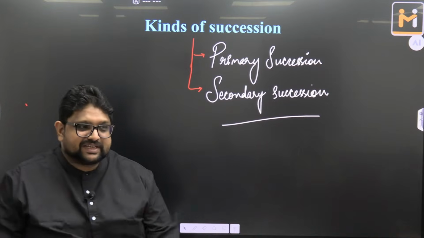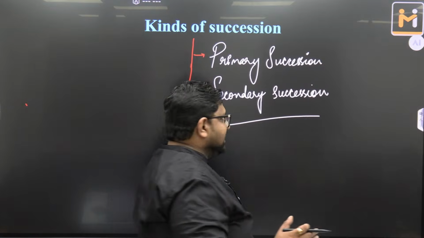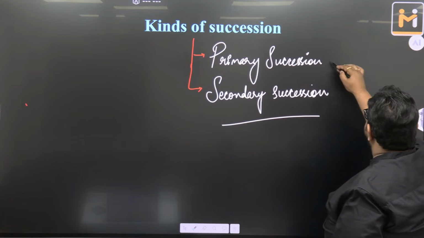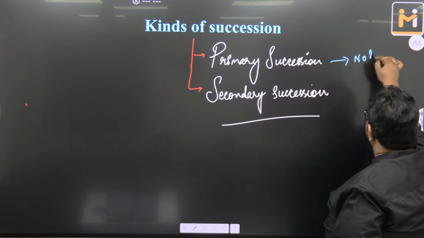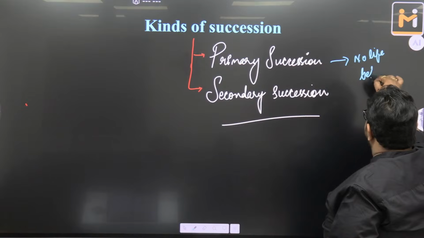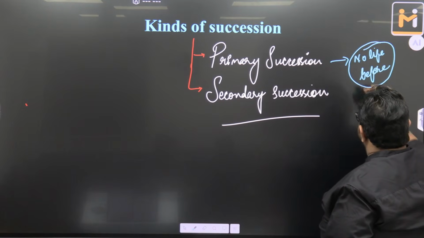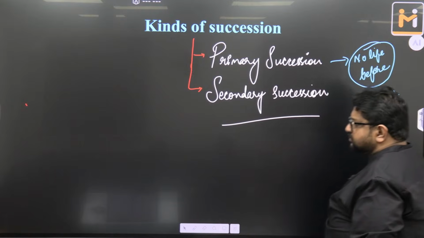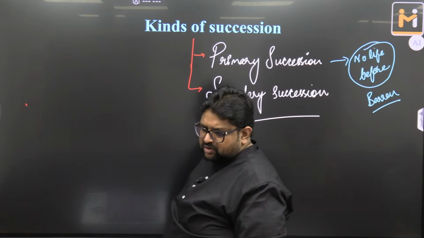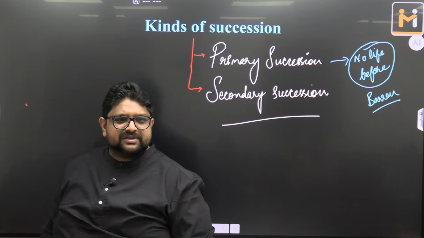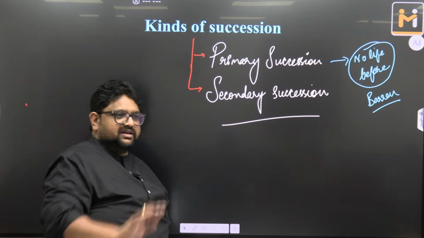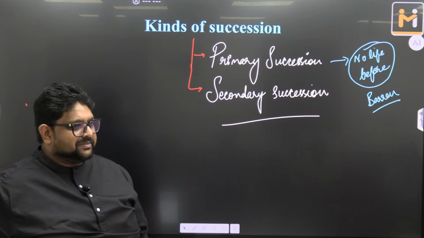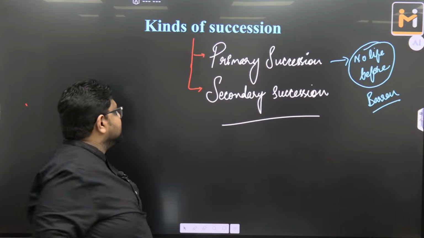So a succession which takes place in a barren area where there was no life before, no vegetation which has established, that is called primary succession.